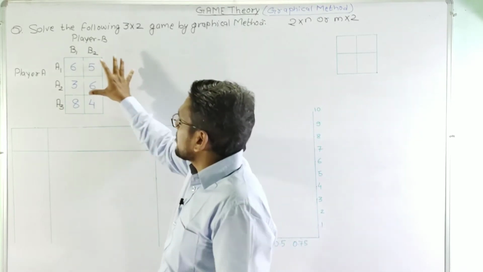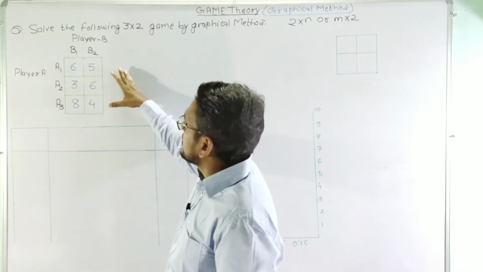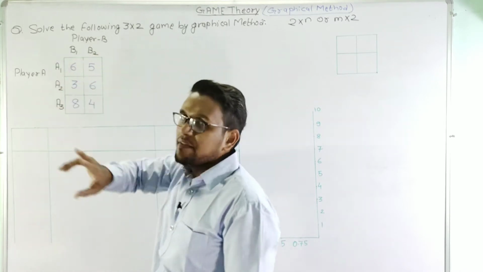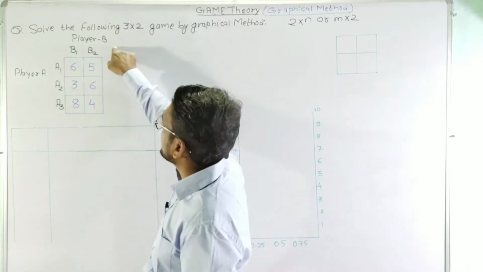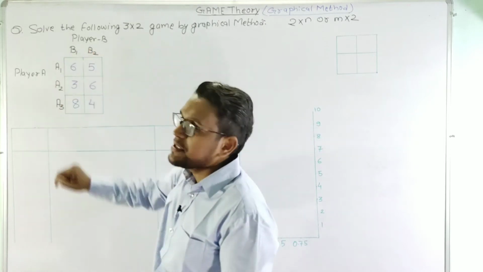In this particular problem we will select the player which has only 2 strategies. We can see that player B has 2 strategies B1 and B2.